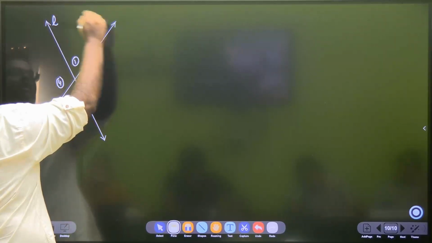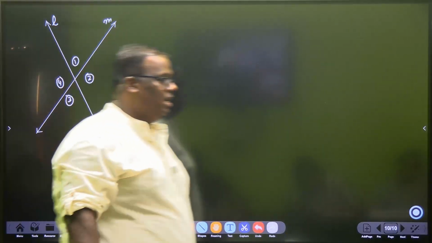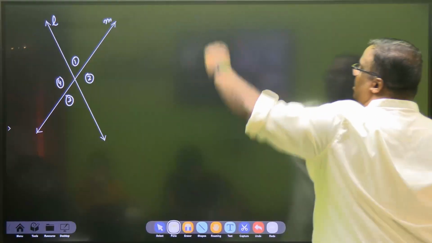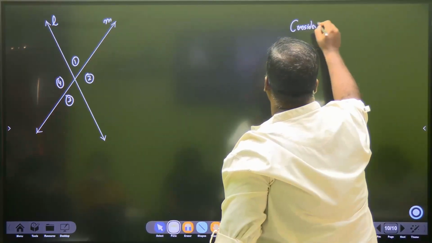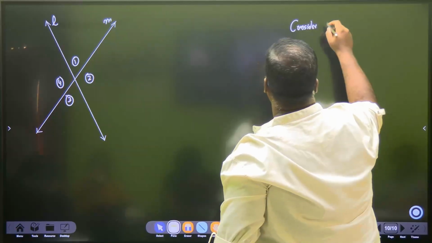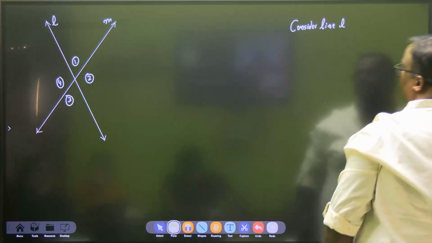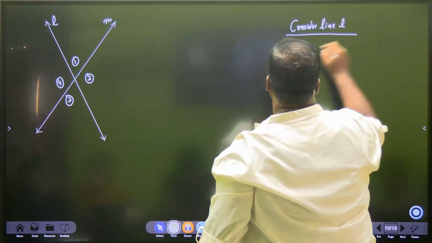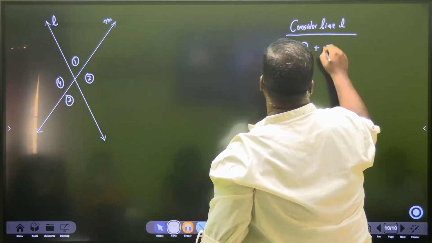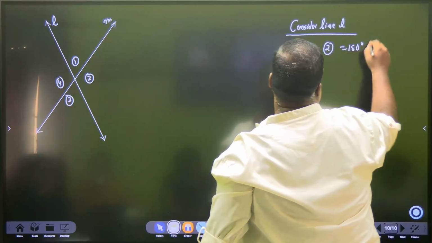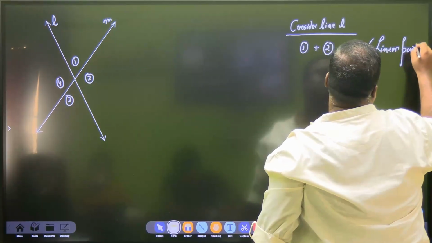Let's say this line is L and this line is M. So consider line L. If you consider line L, you can write 1 added with 2 should be equal to 180 degrees. Why? Because this is a linear pair formation. Do you agree or not?